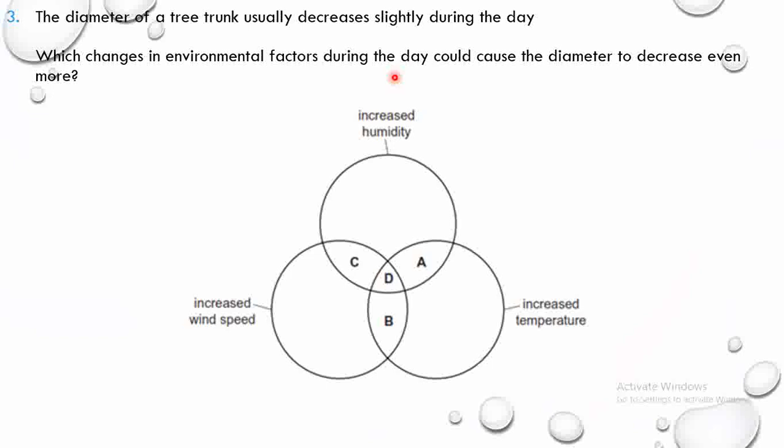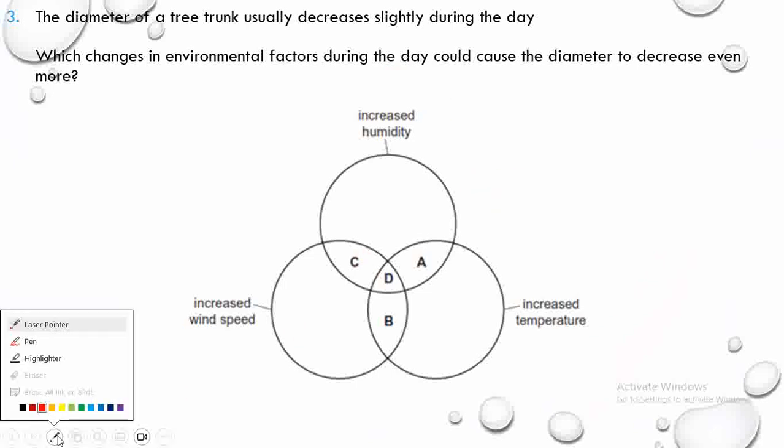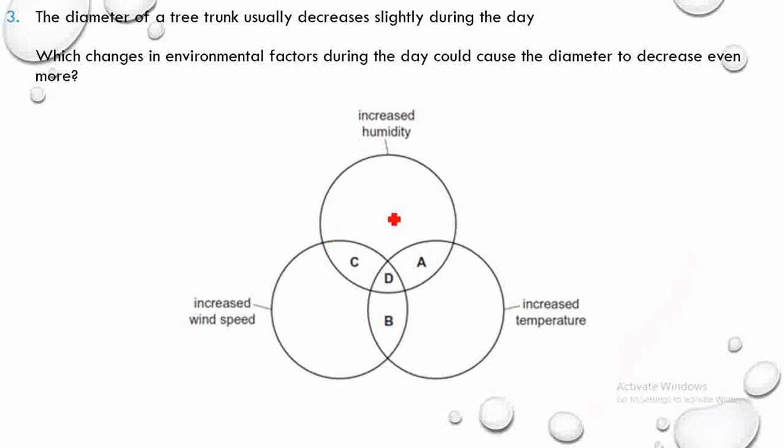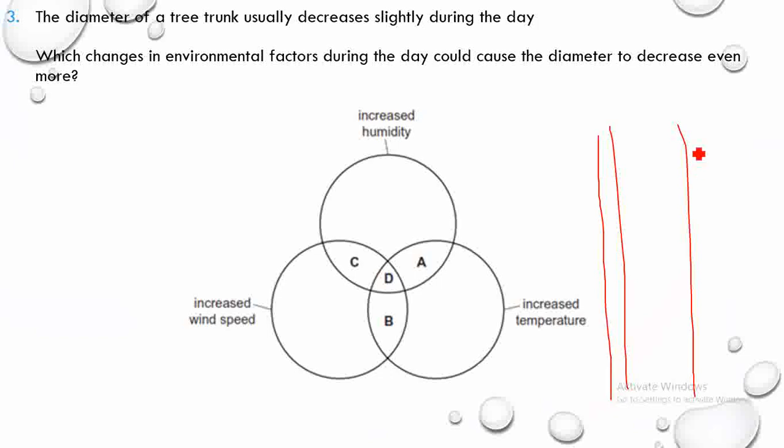The diameter decreases because of transpiration pull. Transpiration pull is a suction force, just the same way as when you use your straw to drink. Now this is xylem. When you try to suck your orange drink using the straw, have you noticed that the wall of the straw tries to collapse?